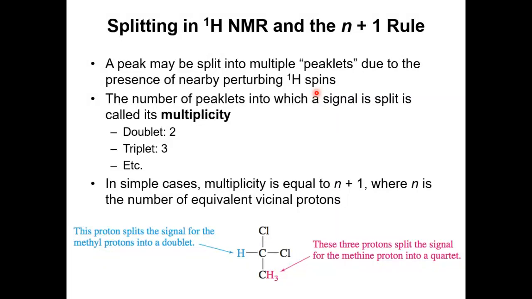Just like if you have some highly influential people near you, they can affect your activities. Those protons that give the NMR signal, if they have other protons at a very short distance, very few chemical bonds away, could influence the line shape of the signal.